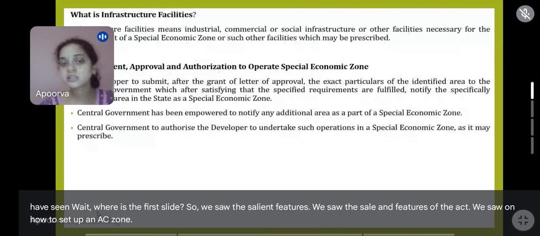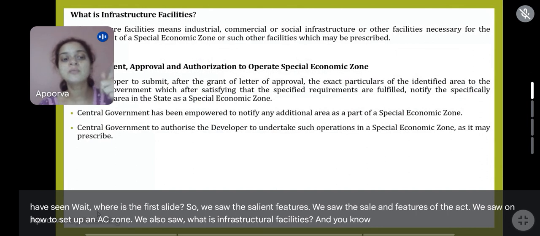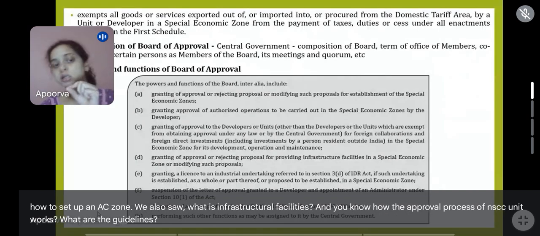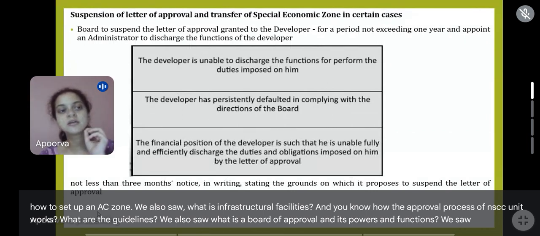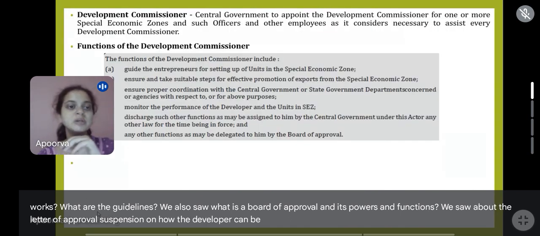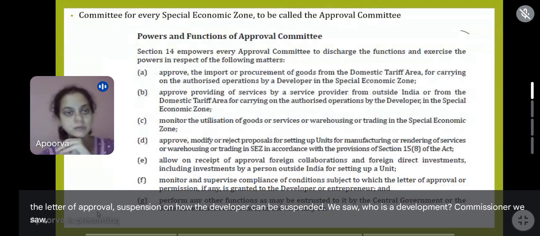We also saw what are infrastructural facilities and how the approval process of an SEZ unit works. What are the guidelines? We also saw what is a board of approval and its powers and functions. We saw about the letter of approval, suspension, on how the developer can be suspended. We saw who is a development commissioner. We saw what is an approval committee.